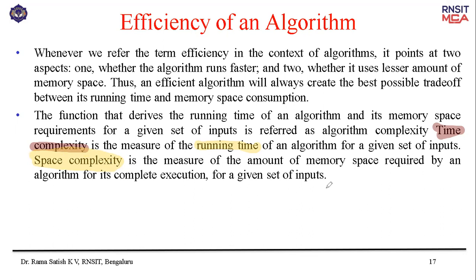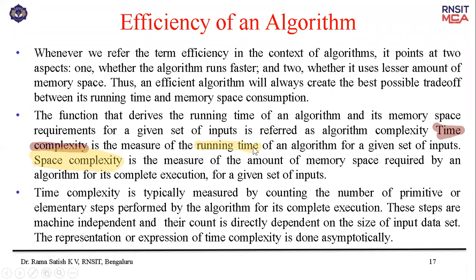This is what you should understand about the complexity of algorithms. There are two complexities: one is time complexity, another one is space complexity. Time complexity is about running time. Space complexity is how much memory is required by the algorithm in order to complete execution.